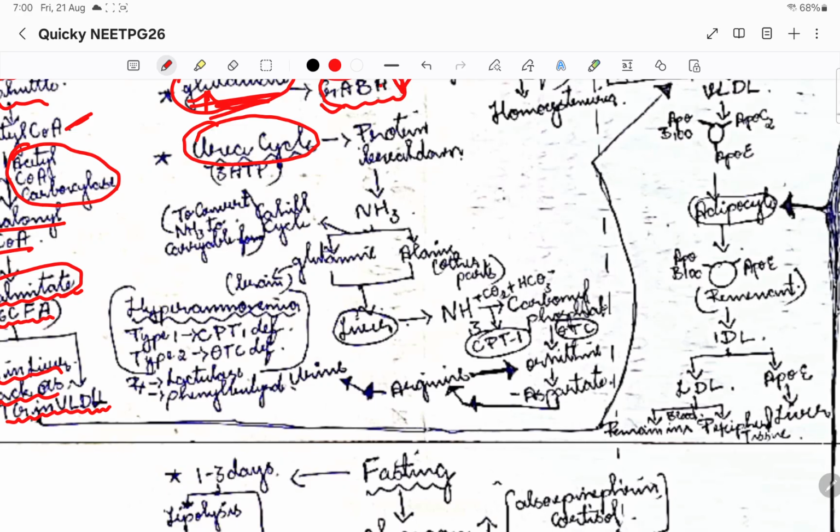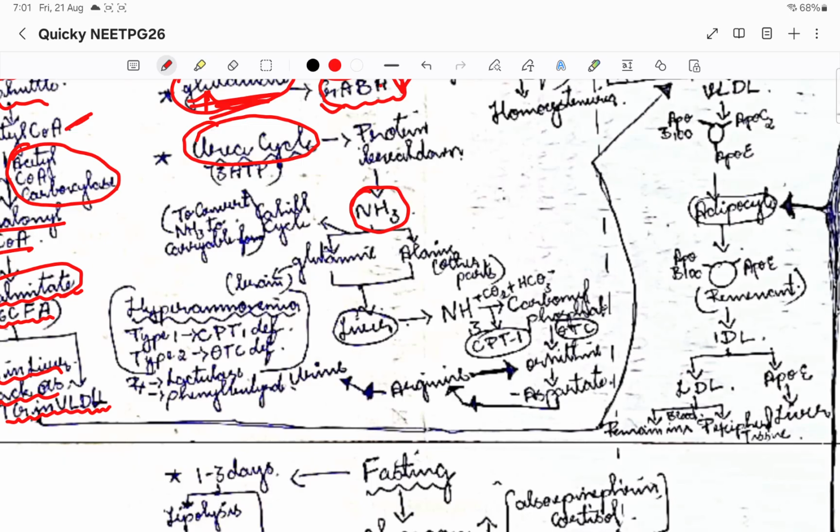These proteins that are broken down are converted to ammonia in that particular cell. For example, let us take brain, let us take muscle tissue. All this protein breakdown will form ammonia. Now I told you, ammonia is toxic. It should not stay even for a minute in that particular cell.